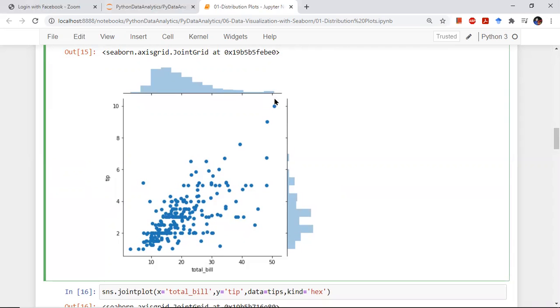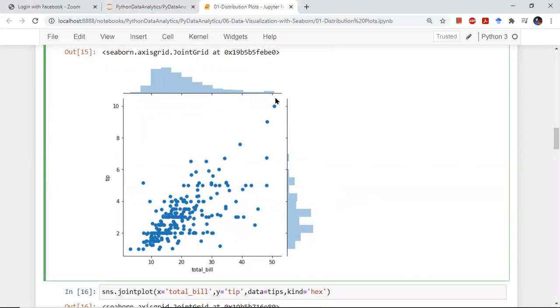For this bill of around 50, the tip was around $10, right? On the side we get the same histograms that we saw. This histogram is for tips, because tip is on the y-axis, and this histogram is for total bill. So it gives me more information, and I can visually compare the two variables.